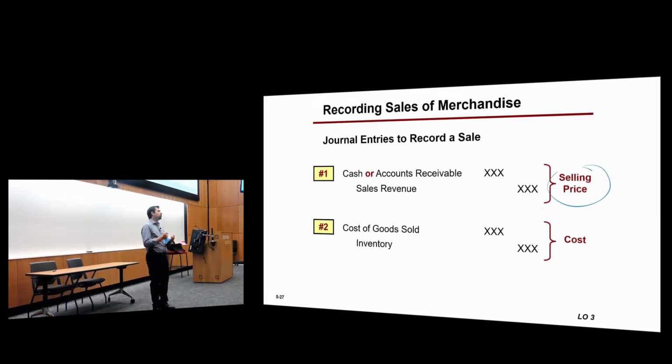This is when they purchased that merchandise, which would include any costs that were incurred to acquire that asset, that inventory. So it's not just the purchase price, it's the purchase price plus the shipping if they had to pay for shipping, plus etc., etc. Okay? So this is the cost of those products.